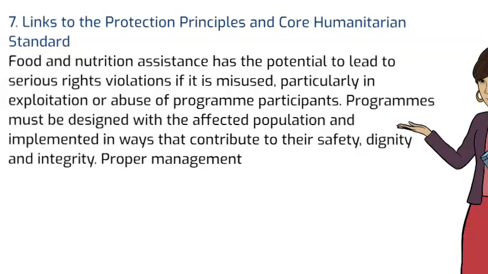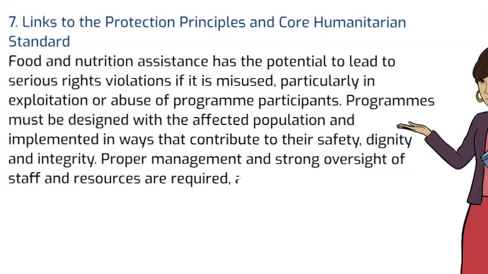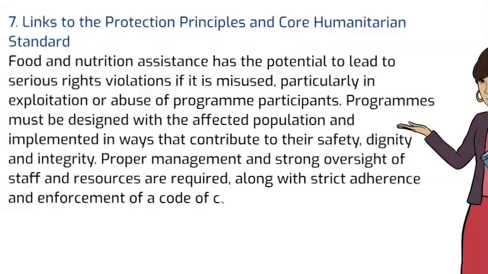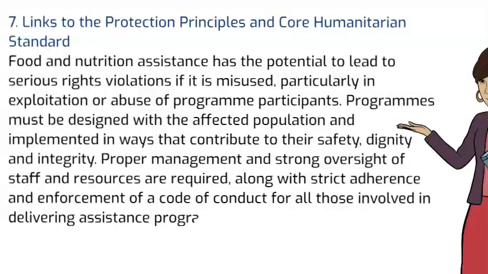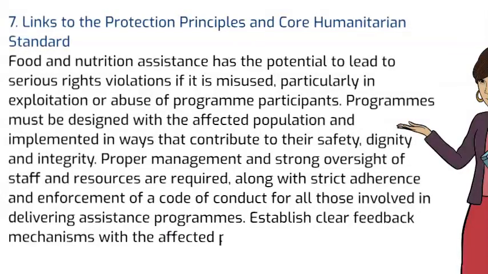Proper management and strong oversight of staff and resources are required, along with strict adherence and enforcement of a code of conduct for all those involved in delivering assistance programs. Establish clear feedback mechanisms with the affected population and respond quickly to any concerns.